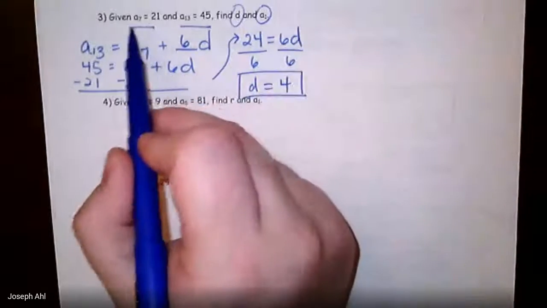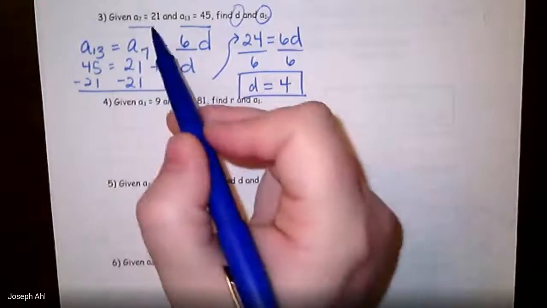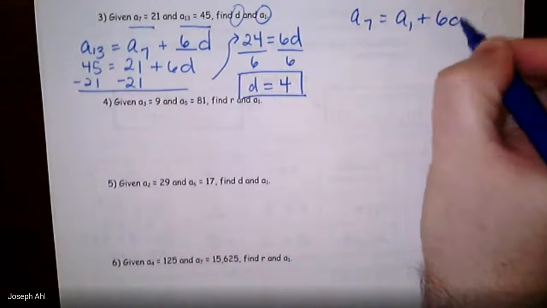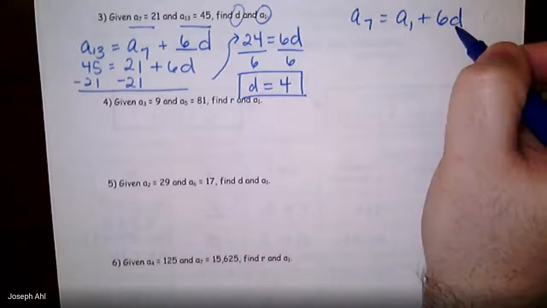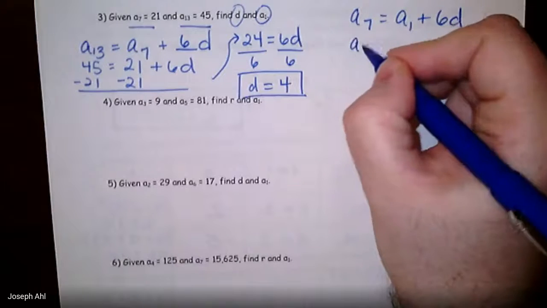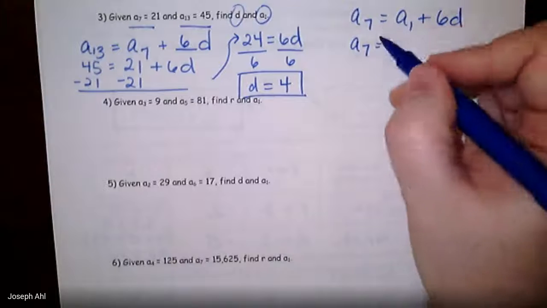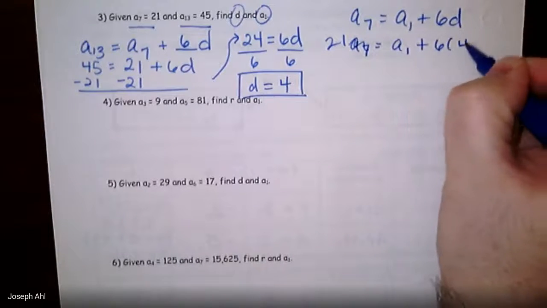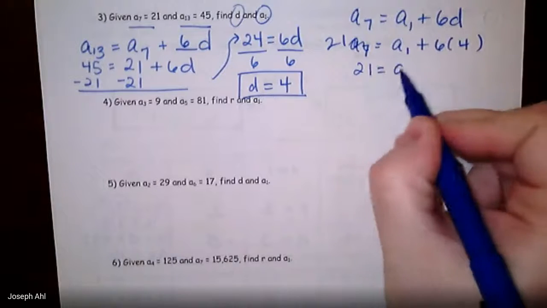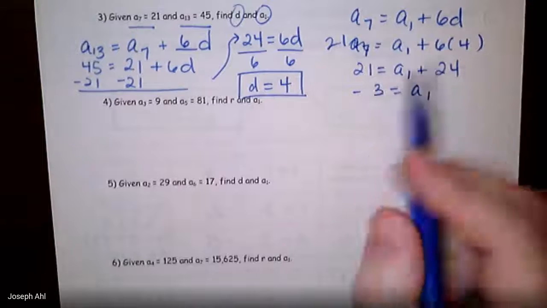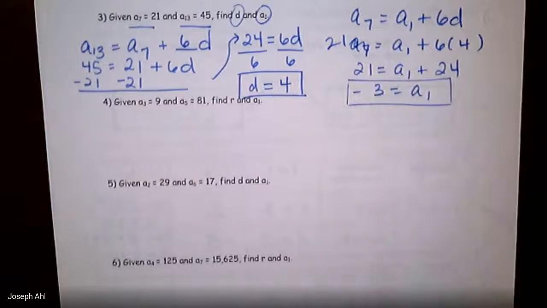So to find A1, I'm going to use one of the terms that I know. So I'll use A7. A7 would equal A1 plus, in this case, also 6 differences, right? Because 7 minus 1 is 6. So A7, oops, sorry, we know that. That's 21. I'm looking for A1, and the common difference is 4. So 21 equals A1 plus 24, and then A1 is going to equal -3.